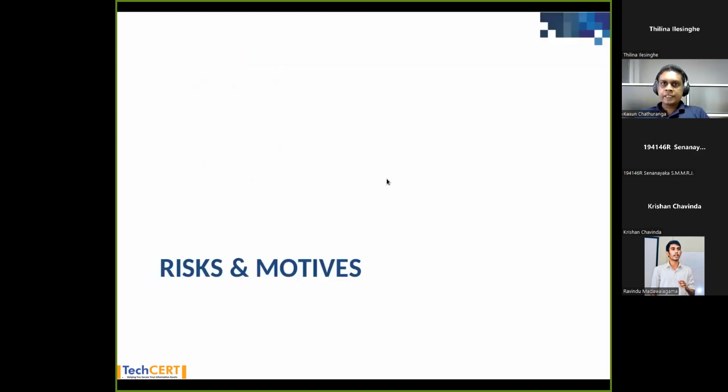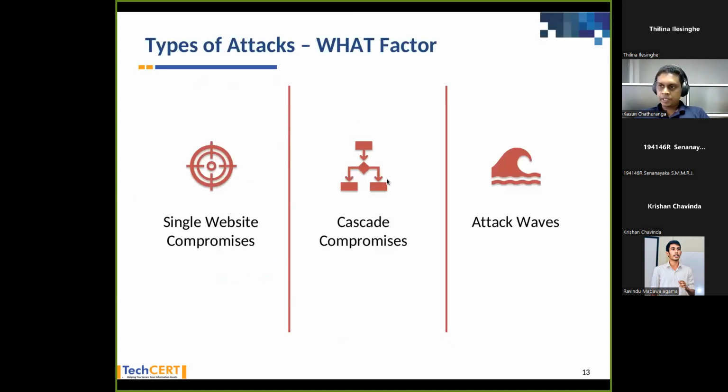If you take the risks and motives of these website attacks, first let's look at what types of website attacks we have seen in the last couple of years.